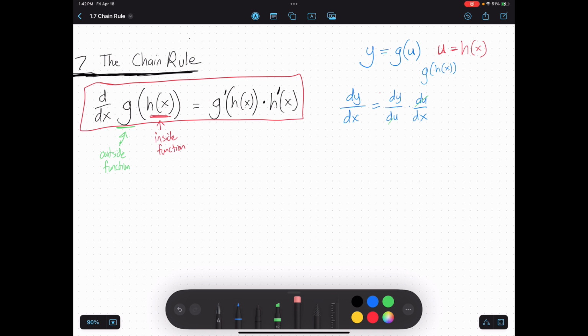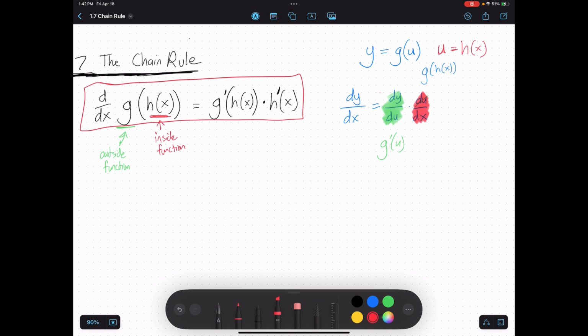This tells me that the derivative of y in terms of x is equivalent to the derivative of y in terms of the inside function, another way of writing that is g prime of u, multiplied by the derivative of my inside function in terms of x.